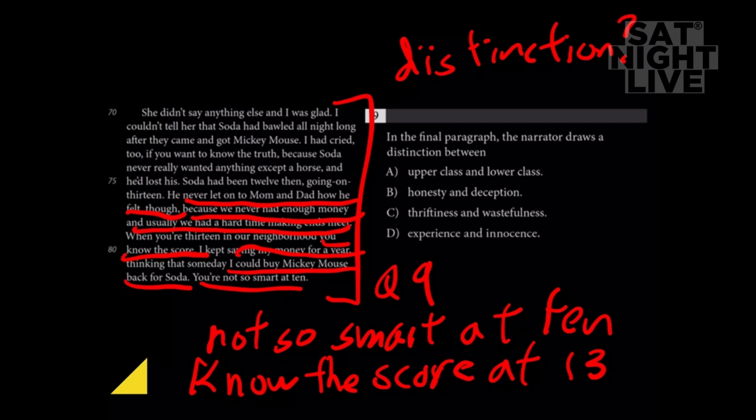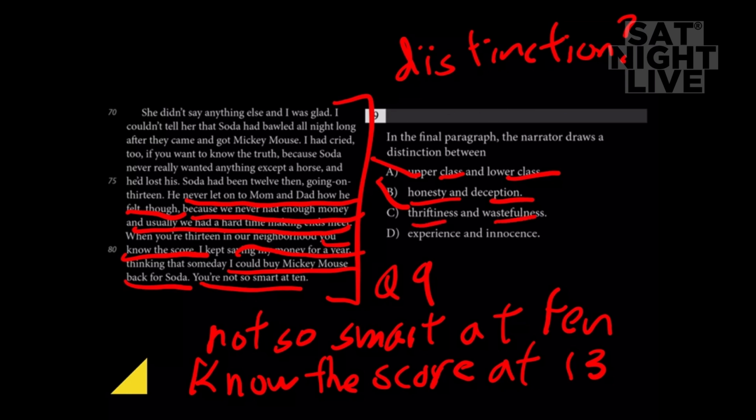And with that being said, we can take this and go into the choices. The narrator draws a distinction between upper and lower class. No, it looks like our distinction here is between ages and what you know at those ages, not classes. Honesty and deception, but it doesn't look like we're talking about lying and telling the truth.